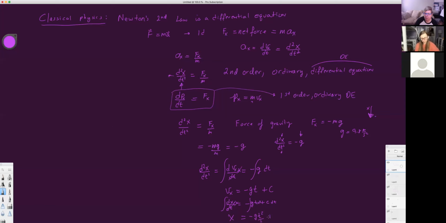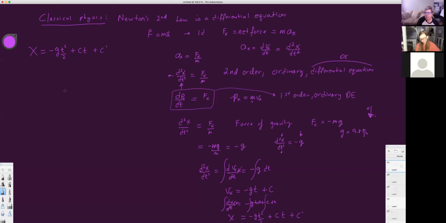And then plus c times t, and then plus another constant, c prime. So we have now x equals minus g t squared over 2 plus ct plus c prime.